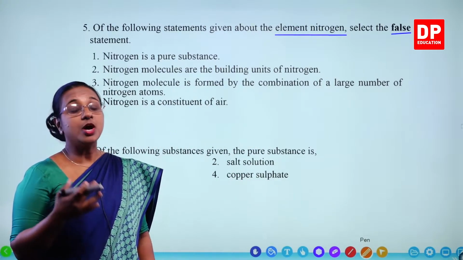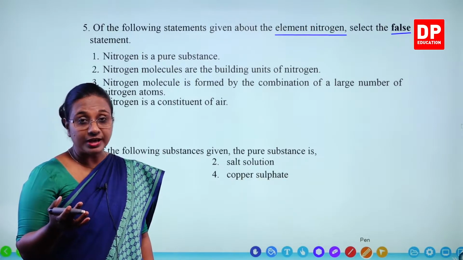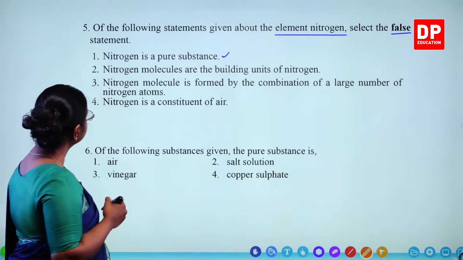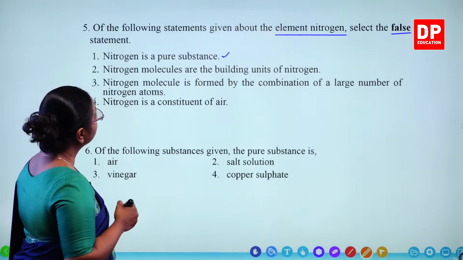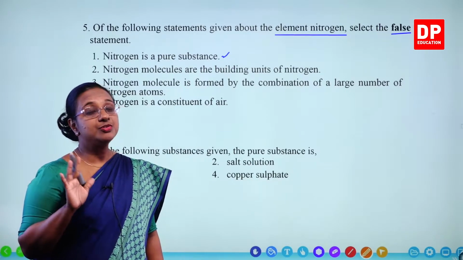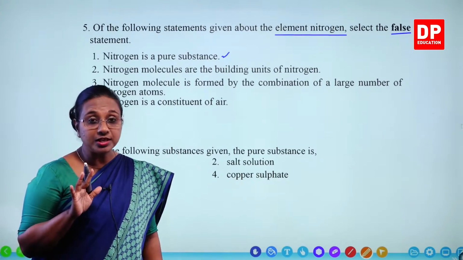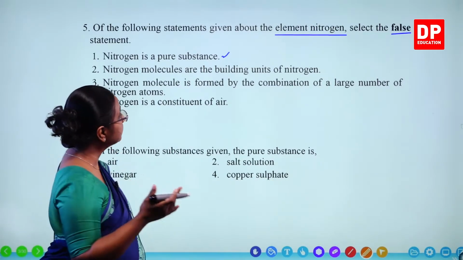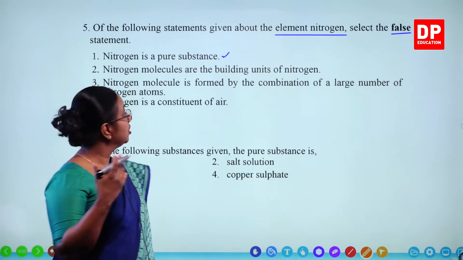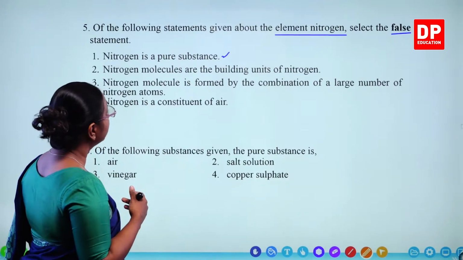It exists as homoatomic molecules, N2 gas. It is a pure substance. So that is a true or correct statement. Then nitrogen molecules are the building units of nitrogen. What can you say about that? Nitrogen molecules, because nitrogen gas exists in the form of nitrogen molecules. So that statement is also correct.